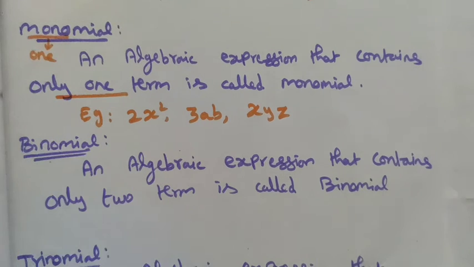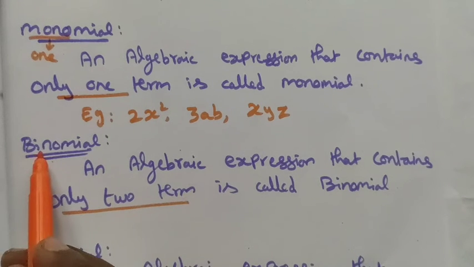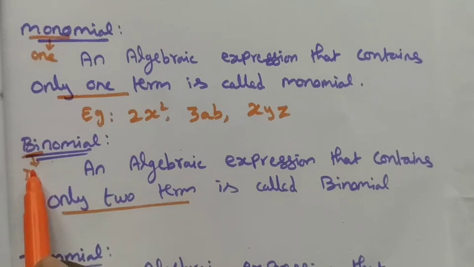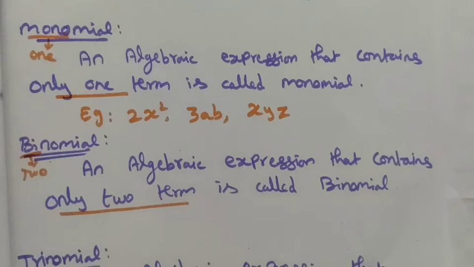Mono means one. Next, binomial. An algebraic expression that contains only two terms is called a binomial. We know that bi means 2.